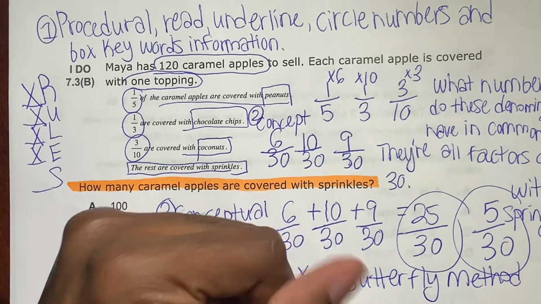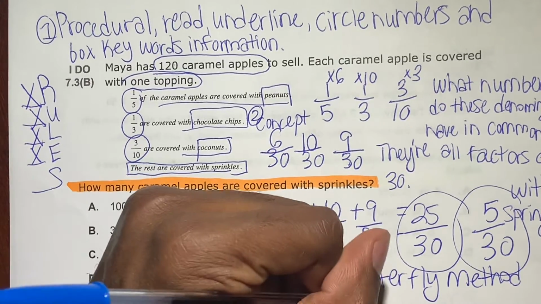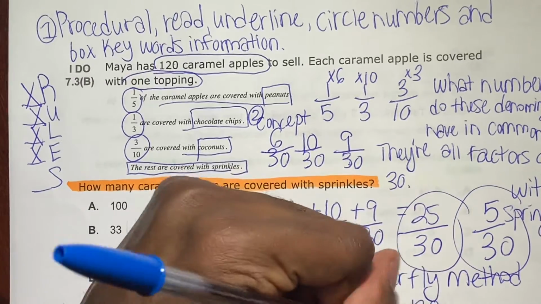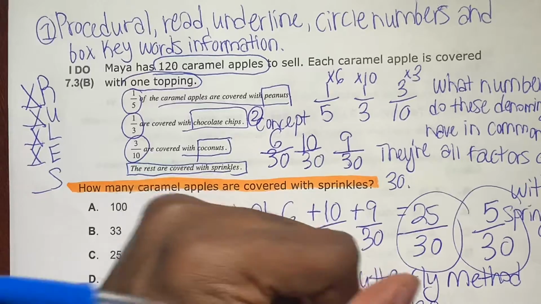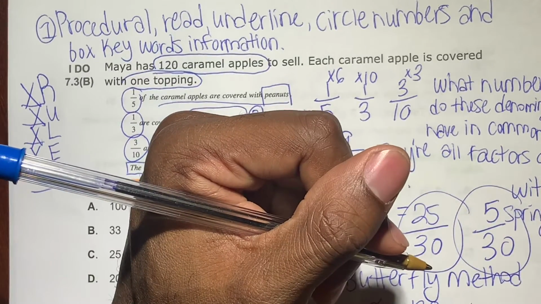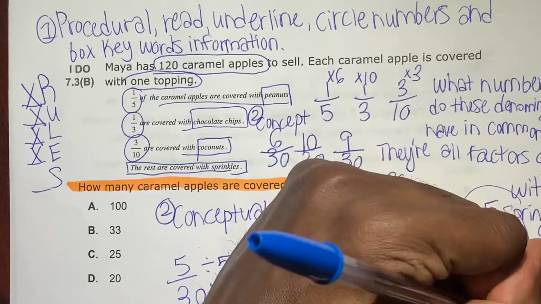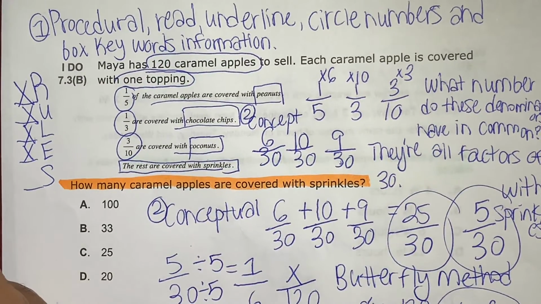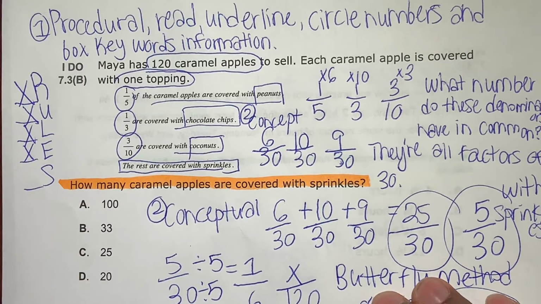Now, we divide both sides by 6. We get x is equal to 20. So 20 of the cupcakes are covered with sprinkles.